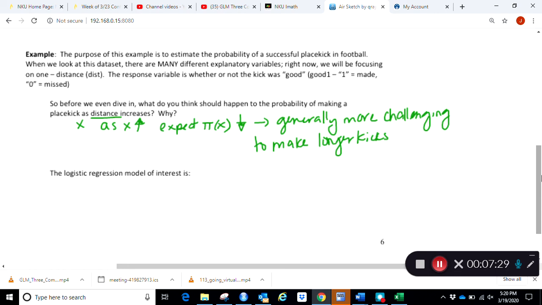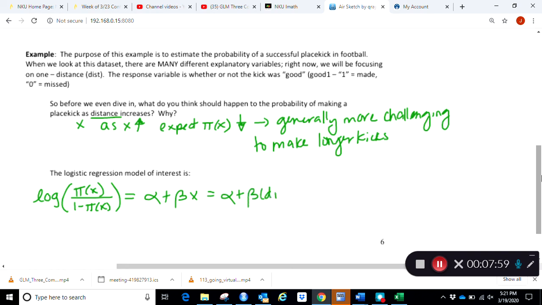So for our logistic regression model, we will be writing that as here. My log of pi of x over 1 minus pi of x will just be alpha plus beta x. You can either put the x there, or you could just put the word distance if you preferred instead.